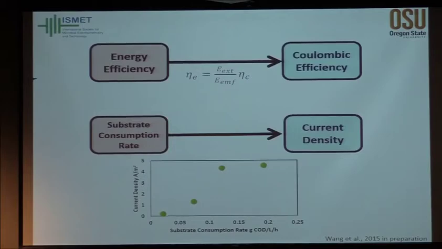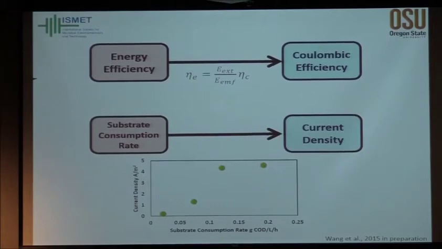So from this equation, we know that energy efficiency is directly tied to the Coulombic efficiency, which is representative of the overall percentage of substrate converted to electricity. And our lab result showed a relationship between the substrate consumption rate and the current density.